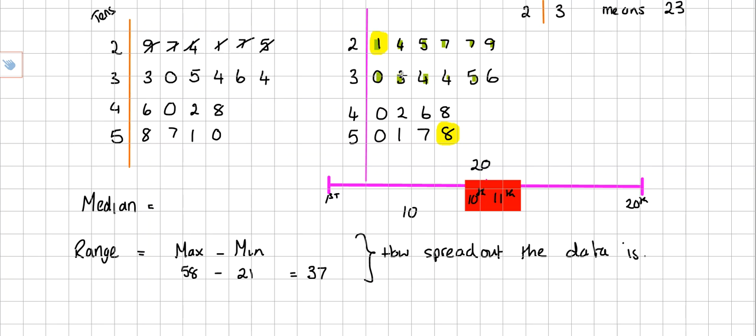So the two numbers I want are these two here. 34 and 35. So that's the 10th number and that's the 11th number. So the median is halfway between those two. So it's halfway between 4 and 5 is? 4.5. So the median is 34.5. Well done. 34.5. What does that mean then?